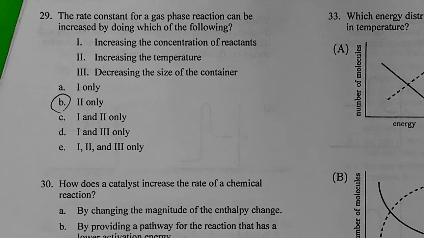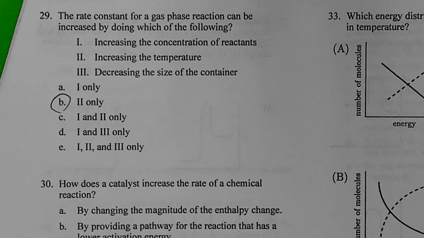So just increasing the concentration doesn't quite work that well because they are gas and also they occupy space. So pretty much you are better off saying the moles increase. What is this? Temperatures. Yeah, decreasing the size of the container.